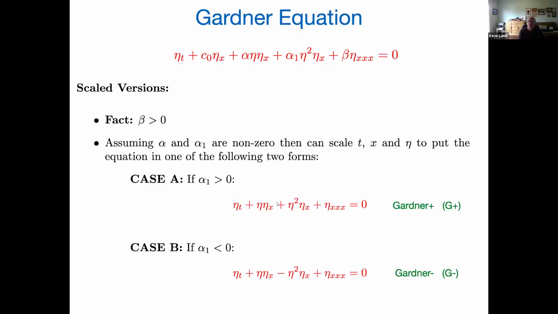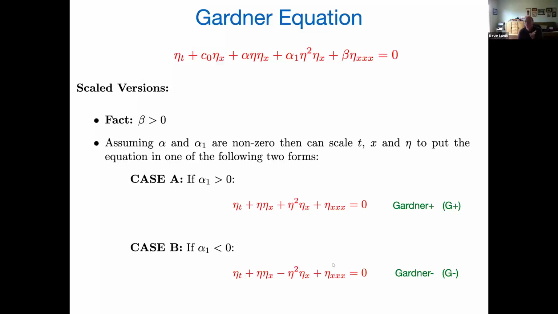So here the coefficient of the cubic term is positive. And if alpha 1 is less than 0, I can scale it to look like this. The only difference is the sign of the cubic term. So I've got the Gardner plus, Gardner minus, and importantly, the coefficient of the quadratic nonlinear term and the dispersive term are both positive here. So the sign of alpha 1 determines whether the waves are modeled by Gardner plus or Gardner minus.